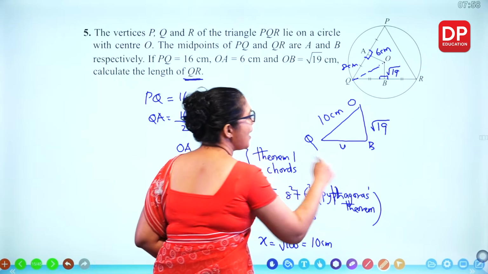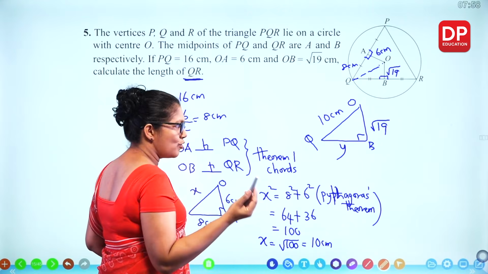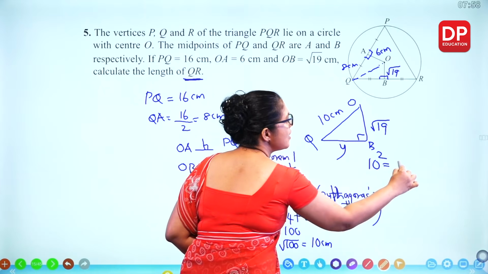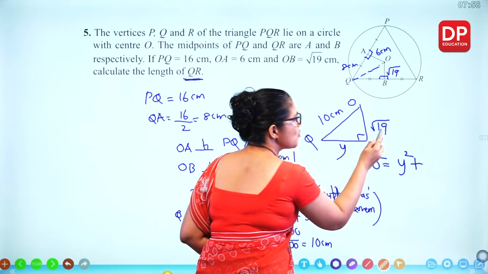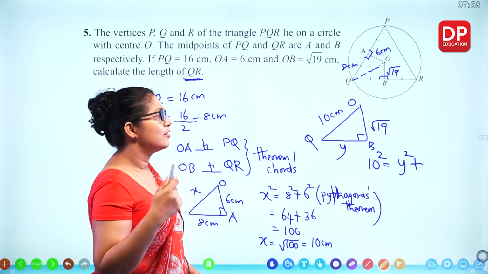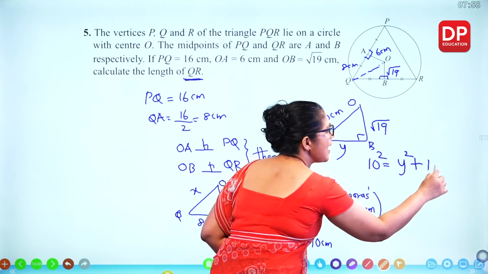So we'll put y for this length. Again, we know this is 90 degrees. Use Pythagoras theorem again. Hypotenuse squared is equal to sum of squares of the other two terms. What is square root of 19 squared? So square root and square term get cancelled out and you get 19.